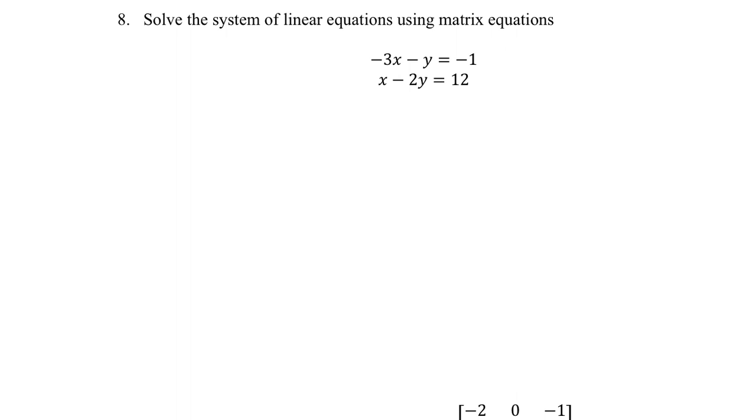Question 8, solve the system of linear equations using matrix equations. This is from section 6.3. So we need to set up the coefficient matrix. And then find the inverse of the coefficient matrix. So it's 1 divided by A times D, which is 6, minus B times C, so that's negative 1.